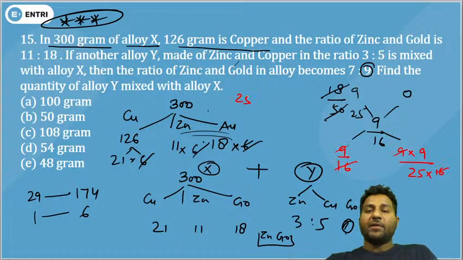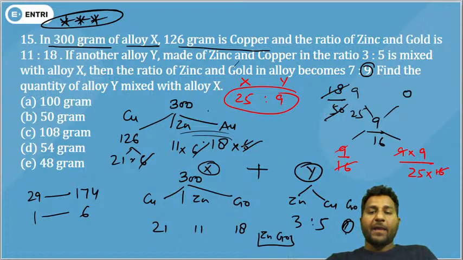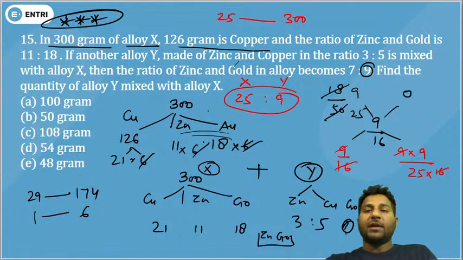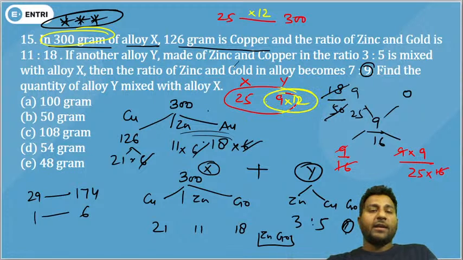That means alloy X had 25 ratio, alloy Y had 9 ratio. You know that 25 ratio must be equal to 300 grams. So 1 ratio equals 12, and 9 ratio equals 108.